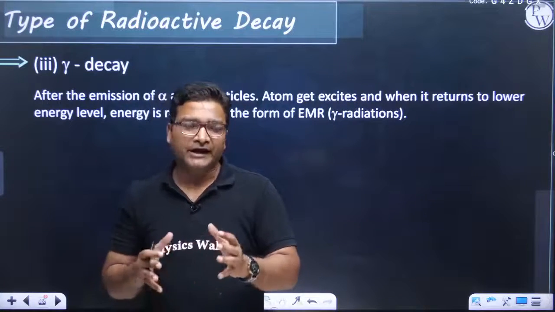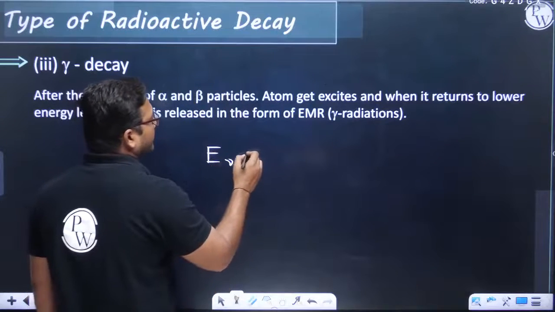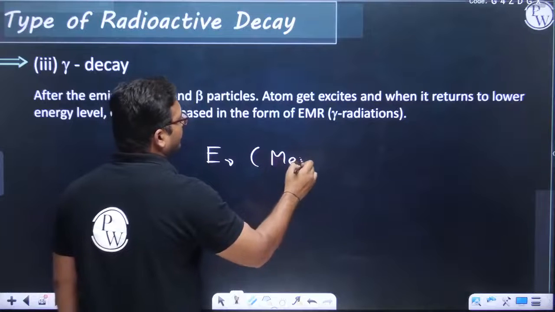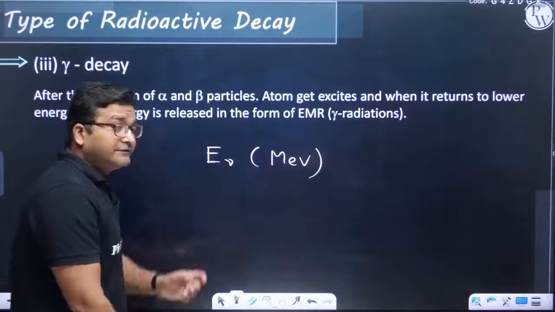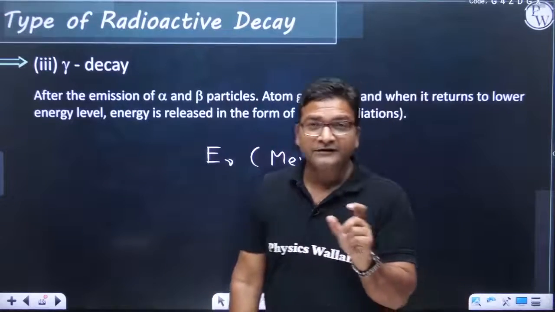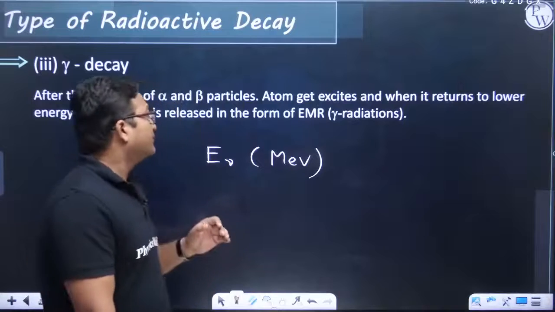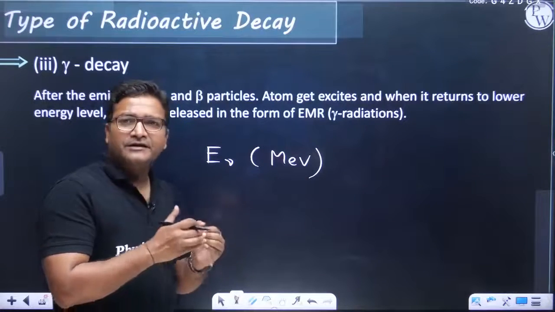And this radiation has energy in the range of million electron volt. That is why we say this radiated energy is a gamma photon, because it has similar energy to a gamma photon. So these are the 3 decays, alpha, beta and gamma decay.